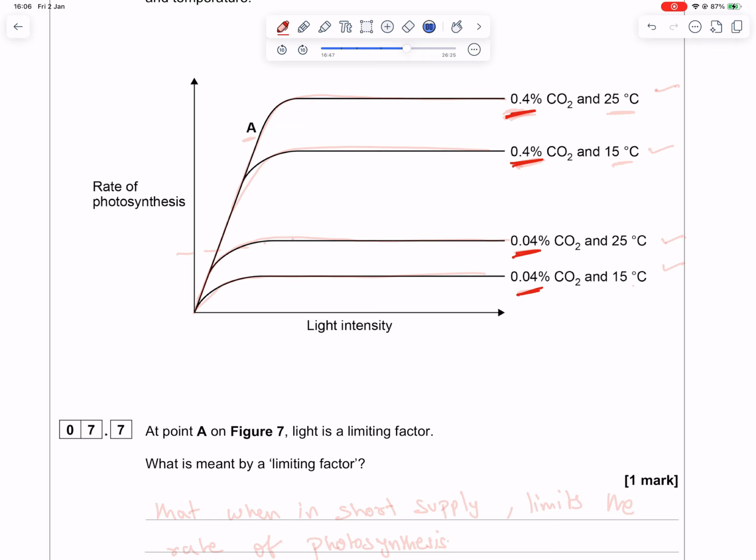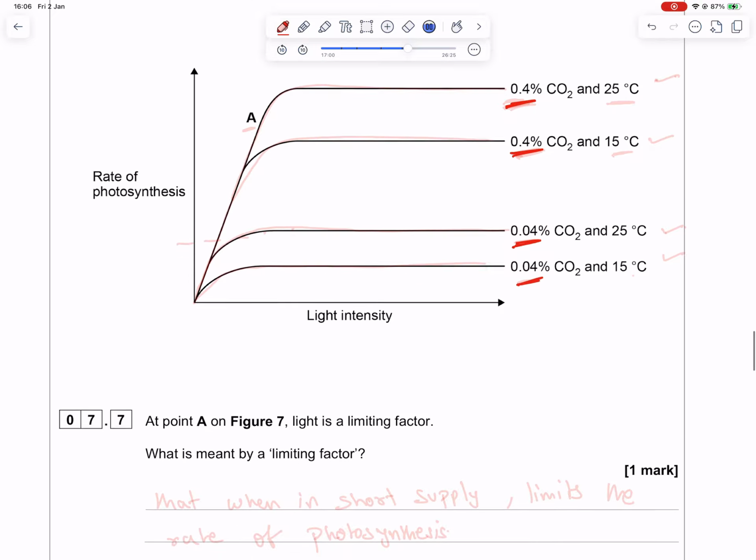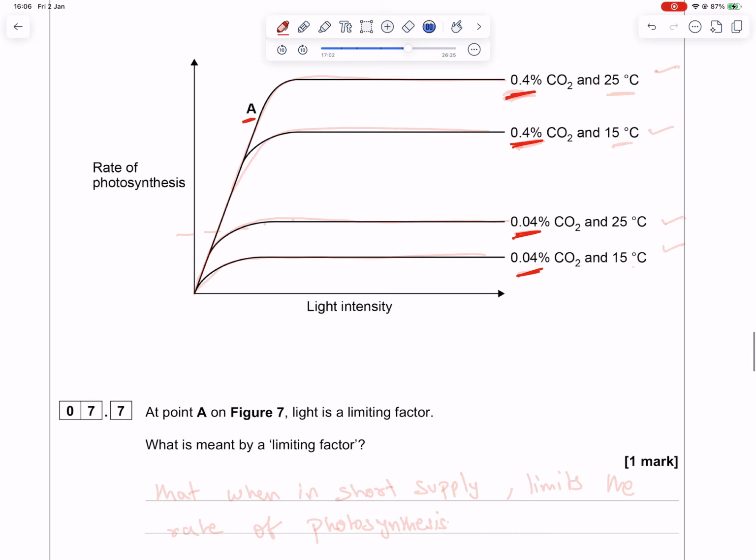At point A on figure 7, light is a limiting factor. What is meant by a limiting factor? So here they are not asking you to interpret anything from the figure. They just say at point A, light is a limiting factor, and they're asking for the general definition of a limiting factor.